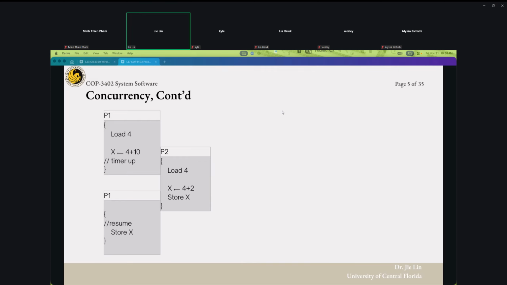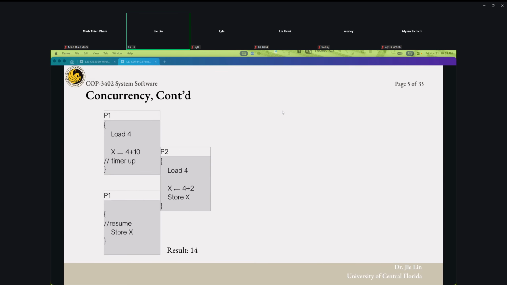Now it simply overrides the 6 set by P2, so the value of X becomes 14, clearly showing some data inconsistency. It could be 6, could be 14, who knows?